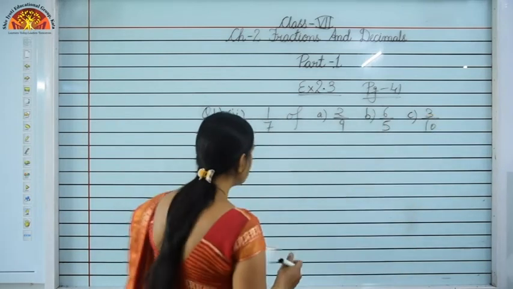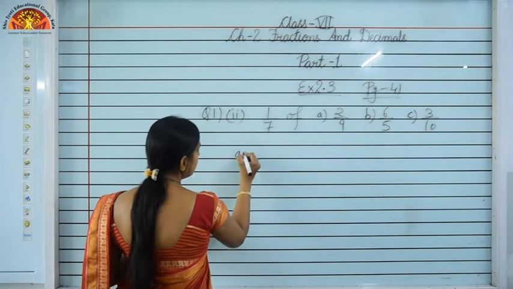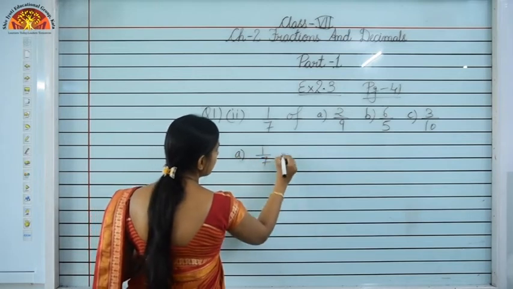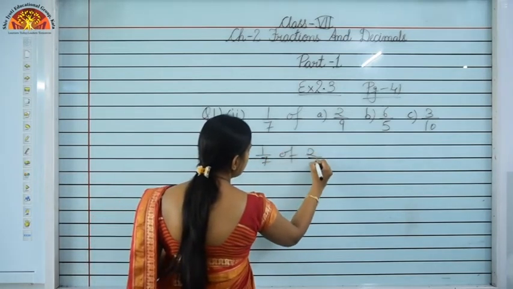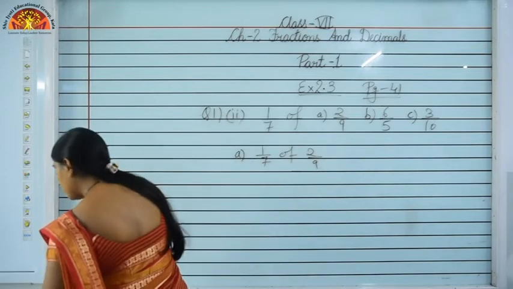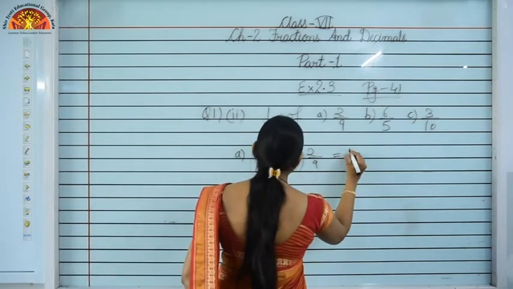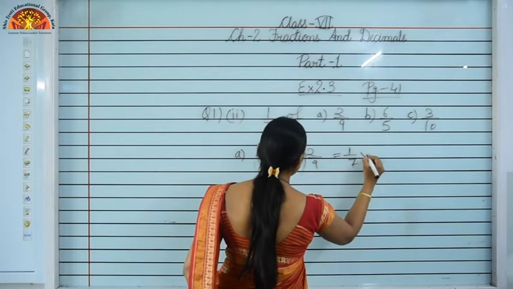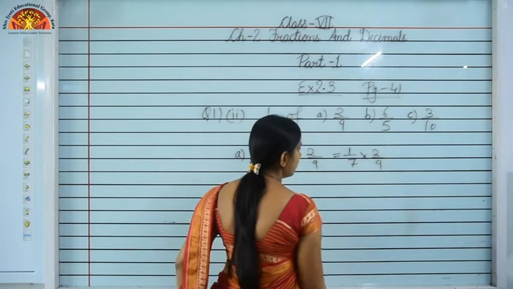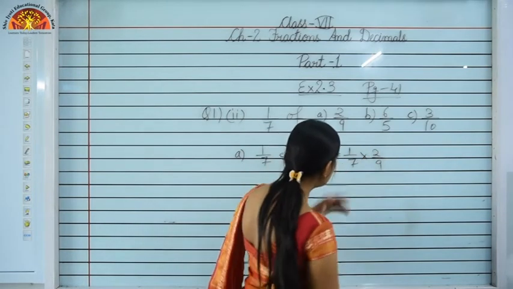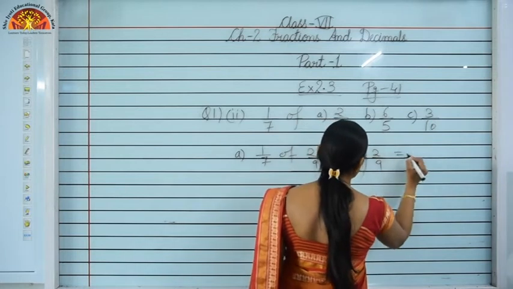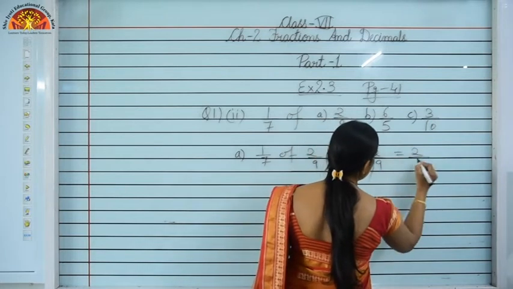Okay. So it is very easy, children. Just see the A part, that is 1/7 of 2 upon 9. So we can just write over here, 1/7 of means into 2 upon 9. We can't cut anything, so we will just do the multiplication: 1 into 2 is 2 and 7 9s are 63.